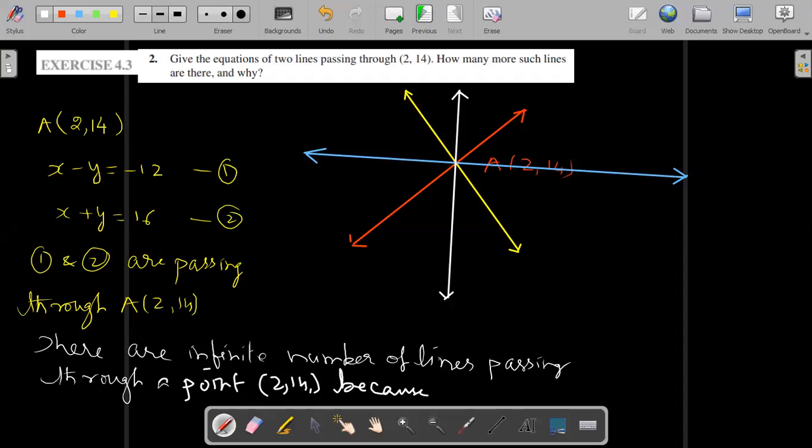Because unlimited, infinite, unlimited number of lines can pass through a point.